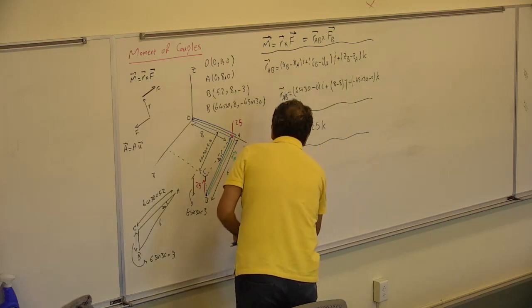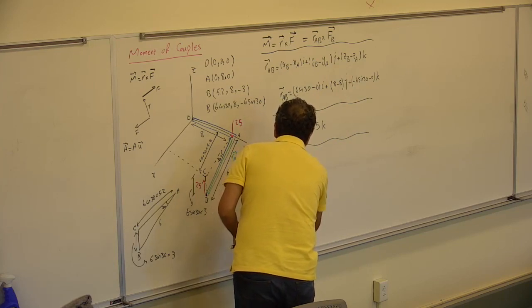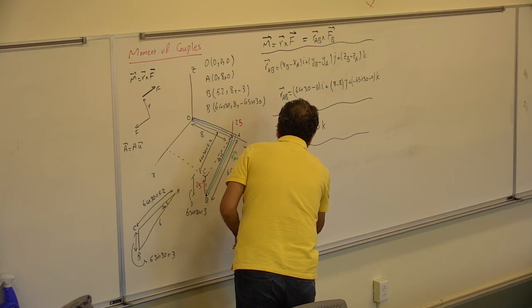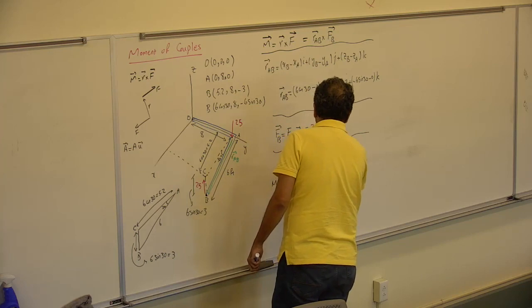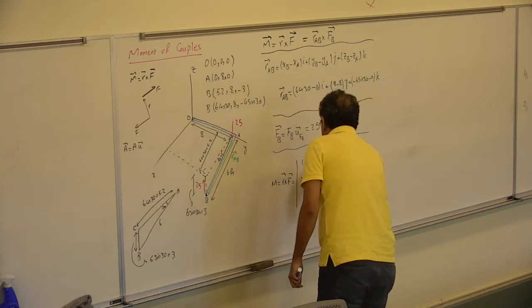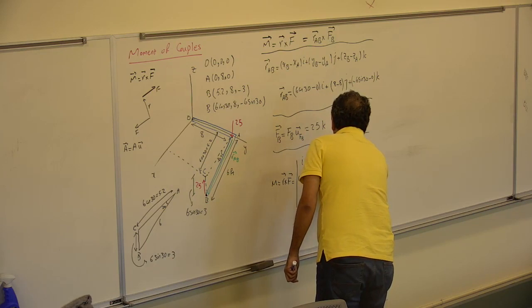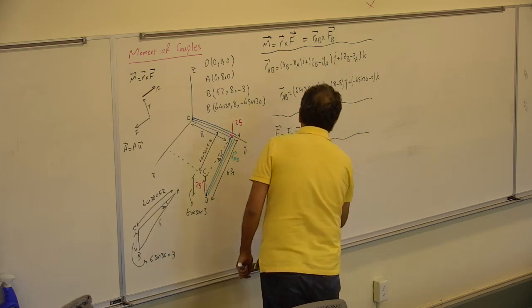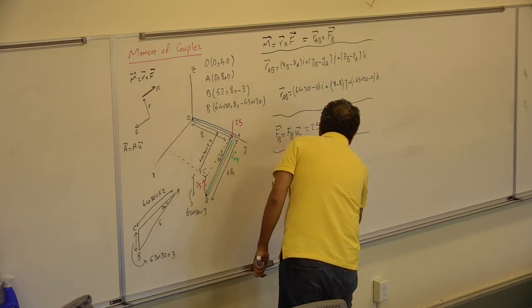Then M is r cross f, which you can do using the determinant i j k for the r: 6 cosine 30, 0, minus 6 sine 30, and for the k, we have 0, 0, 25.